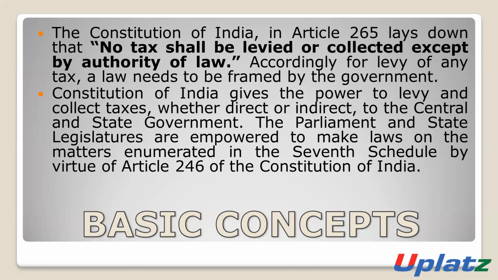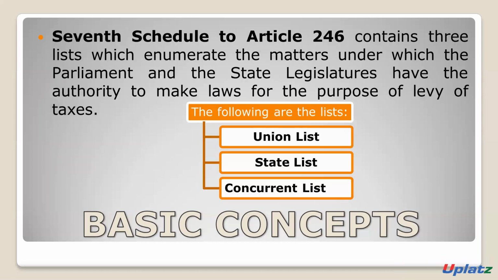So the Parliament and the state legislature have the power to make the laws on the matters explained in the seventh schedule. The seventh schedule of Article 246 contains three lists.